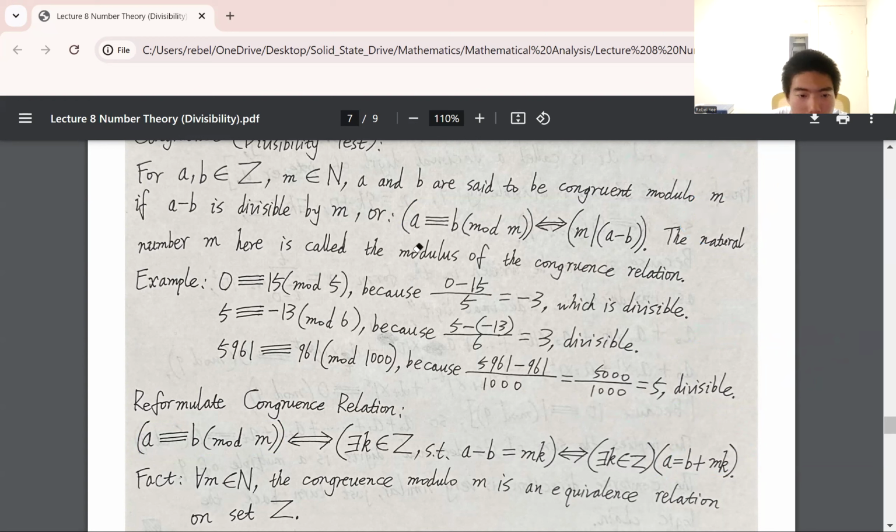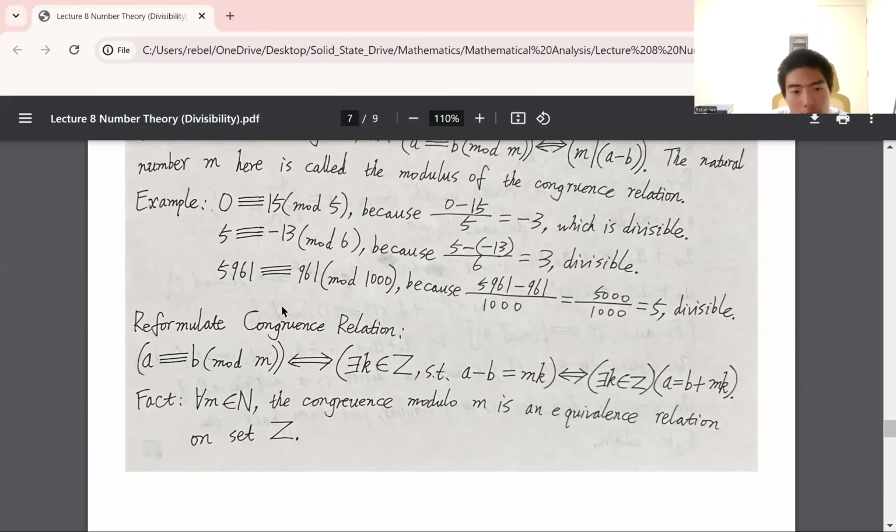All right, there's one fact regarding congruence: for all natural numbers n, congruence modulo n is an equivalence relation on the set of integers. So why is that? How do you prove an equivalence relation?